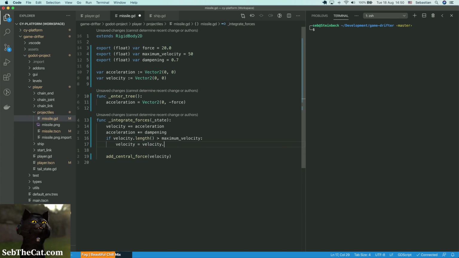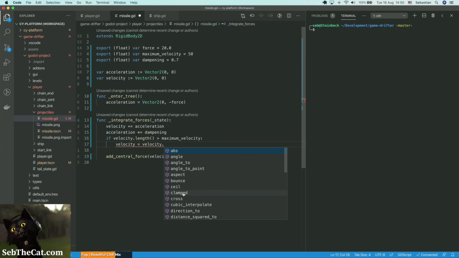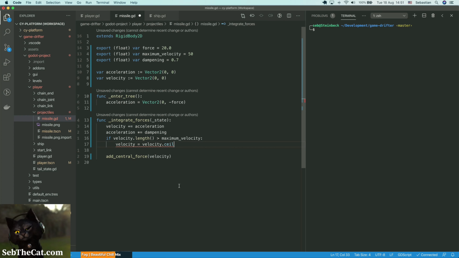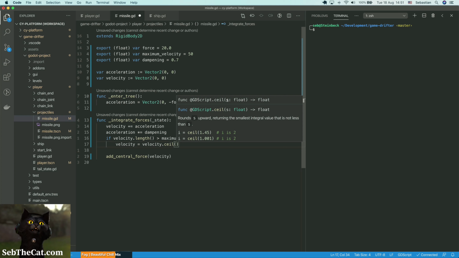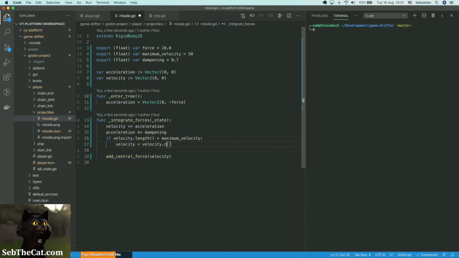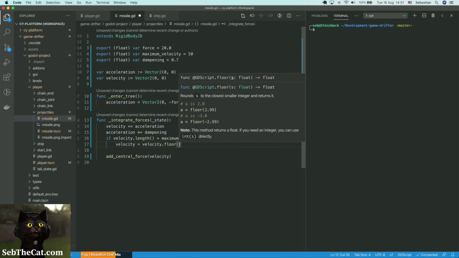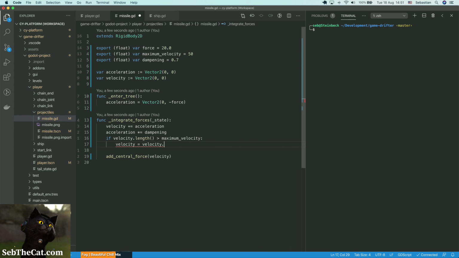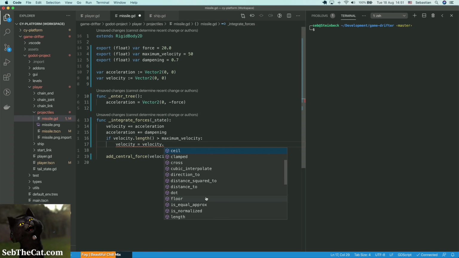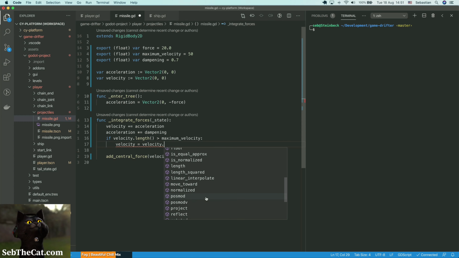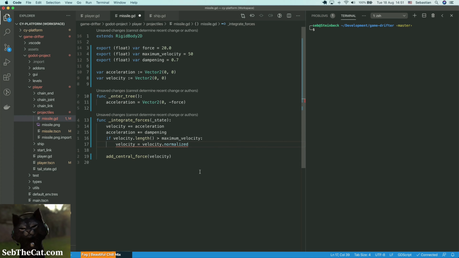Is that the method I should be using? Clamp? Ceil, I guess. Oh, floor, I guess. Nope. So normalize doesn't take an argument, does it?